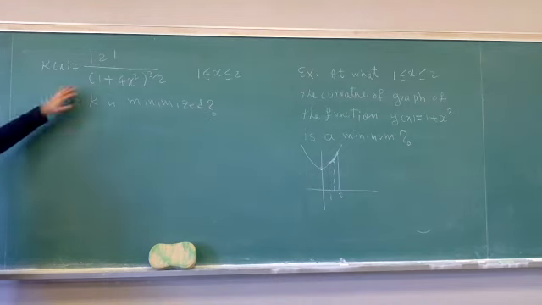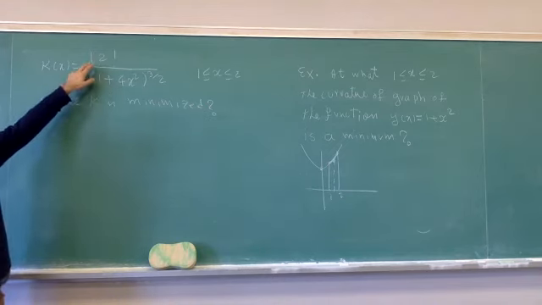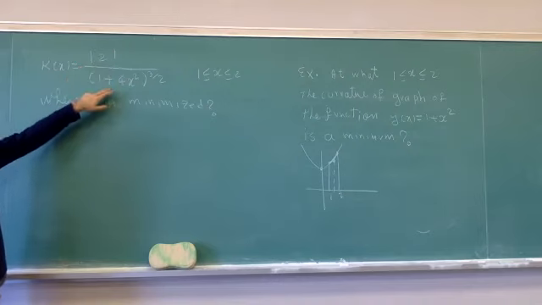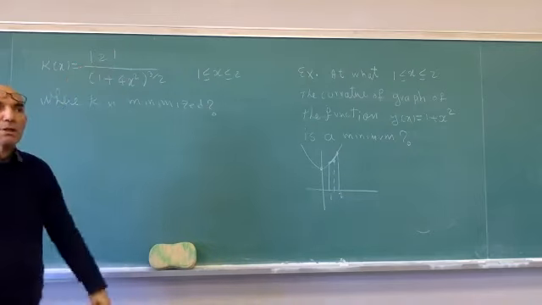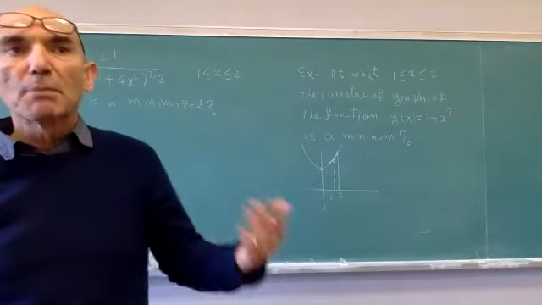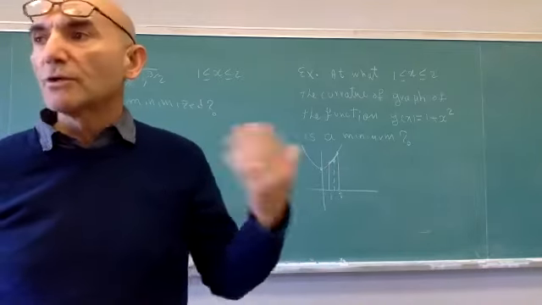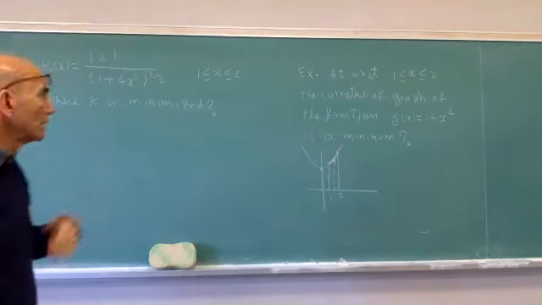Well, I mean, this is a simple function. There is no variable in the numerator, right? And everything is in the denominator. So this function is minimized exactly when the denominator is maximized, right?